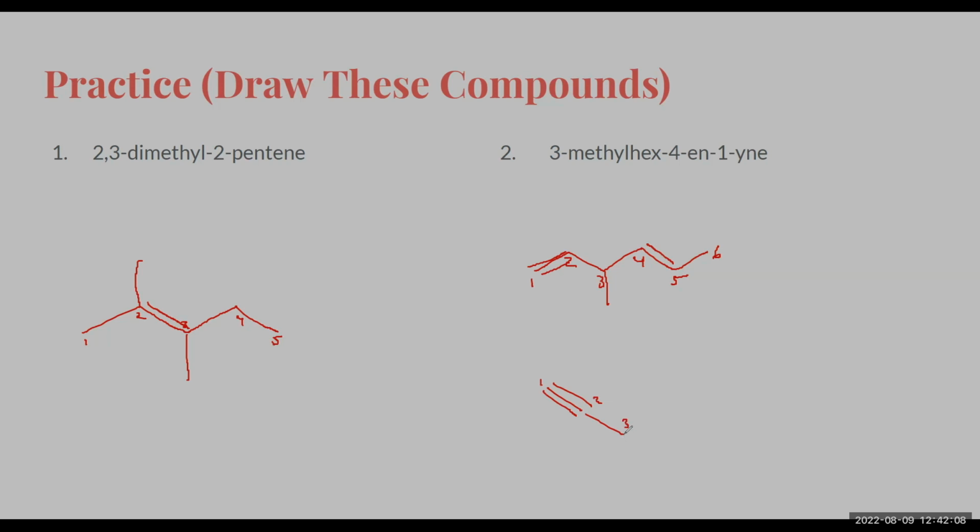So on the 3rd carbon, we have a methyl group hanging off of it. This is going to be the 4th carbon. There's an alkene right here. And then the 5th carbon and the 6th carbon. So the structure on the bottom is a more accurate representation of what 3-methylhex-4-en-1-yne looks like.